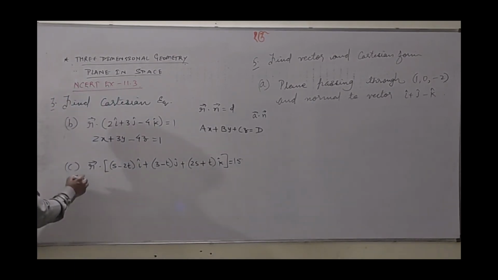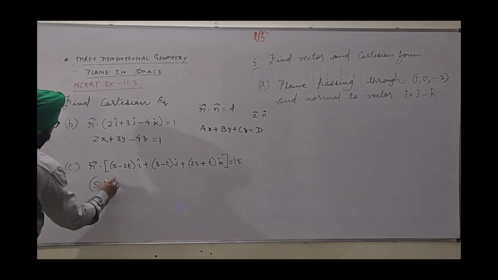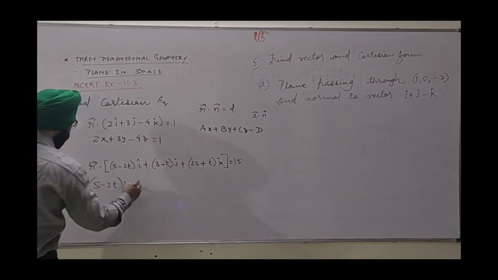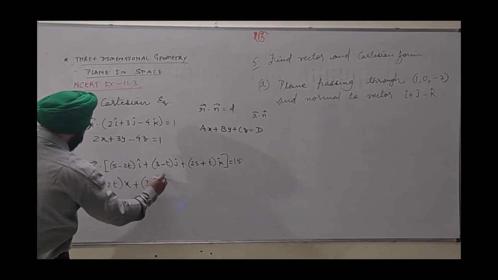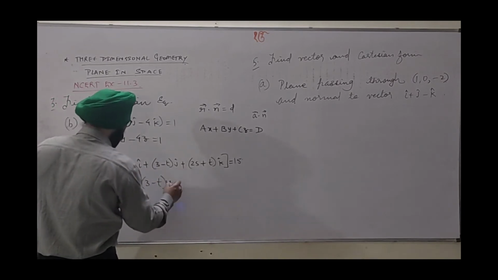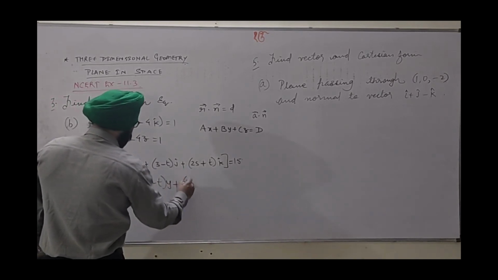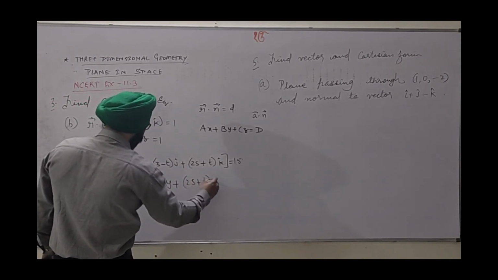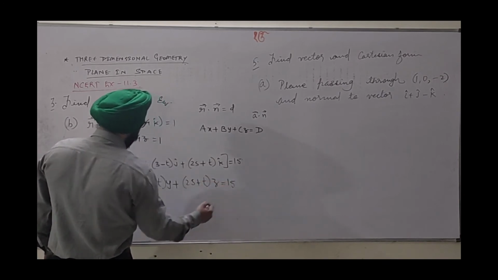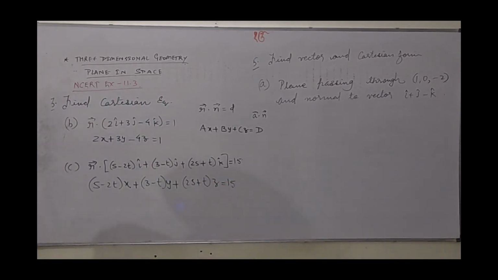So in Cartesian form, this would be written as (s minus 2t)x plus (3 minus t)y plus (2s plus t)z equal to 15. Actually, we are not given some constant value here. We are given these in terms of s and t, so we can relate them so. I hope you get this one.